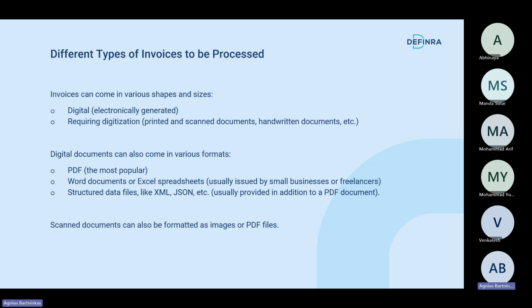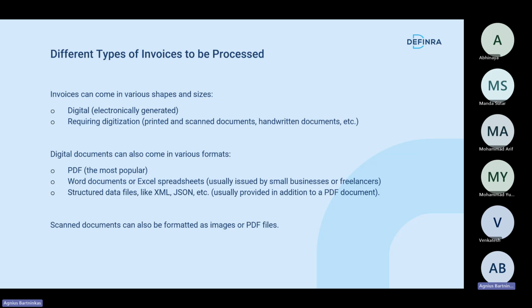Usually these sorts of documents are issued by smaller businesses, maybe freelancers and so on, who just use Word templates or Excel templates or whatever sort of templates to issue their invoices, and then they don't even bother to convert them to a PDF file and just send over this funky file to their clients for processing.